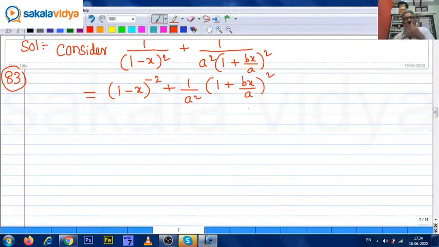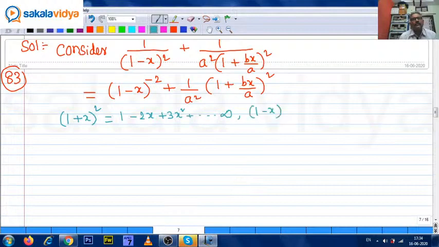We need to recall the formula for 1 plus x whole to the power of minus 2. This will be 1 minus 2x plus 3x square and so on to infinity. And also recall 1 minus x whole to the power of minus 2. This will be 1 plus 2x plus 3x square, so on to infinity, because we need these two basic formulae.